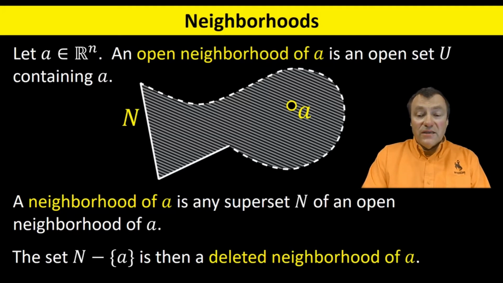You have seen deleted neighborhoods before. The definition of a limit in calculus uses deleted neighborhoods. When you take a limit as x approaches A, you only consider x close to A but not equal to A. So x is in a deleted neighborhood of A.